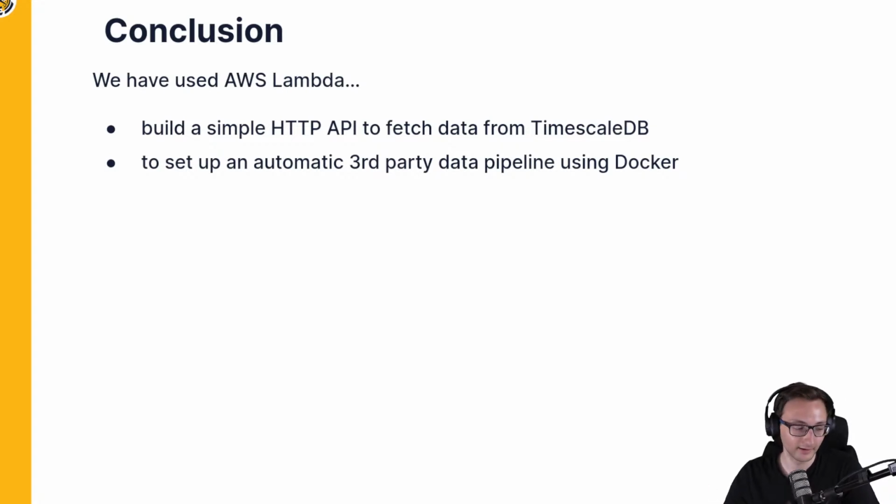And then finally, to top it off, we created an EventBridge daily schedule. So the Lambda function runs every day at 2 a.m. And we used the cron expression to set that up inside EventBridge.